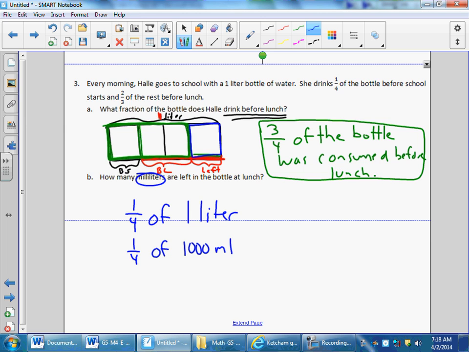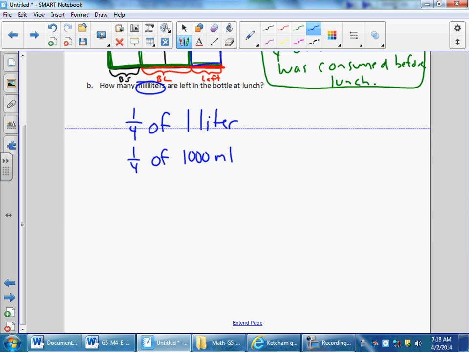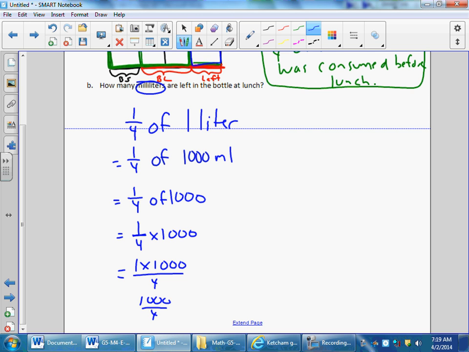And there's my conversion. So what's 1/4 of 1,000? 1/4 times 1,000. Numerator times the whole number of 1,000 divided by 4 is 1,000 divided by 4.